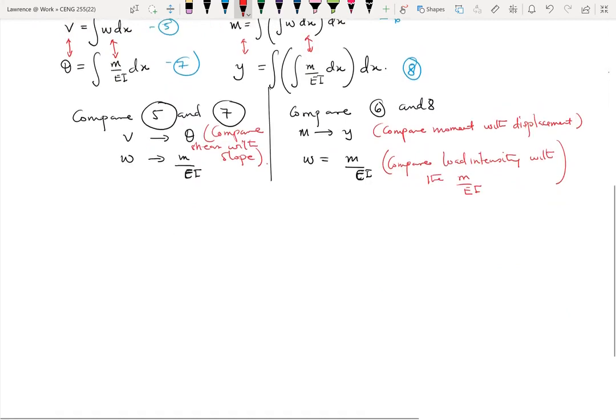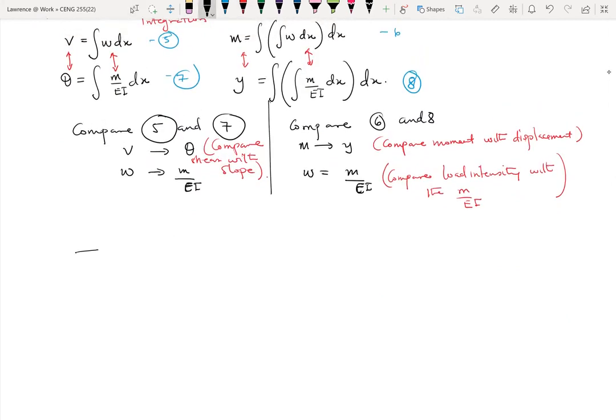Okay. So if we have a beam, and it has some loading on it, we don't know what loads these could be.